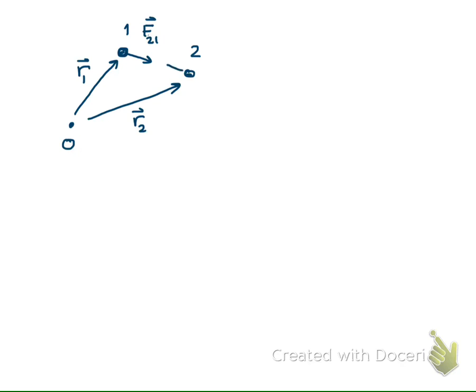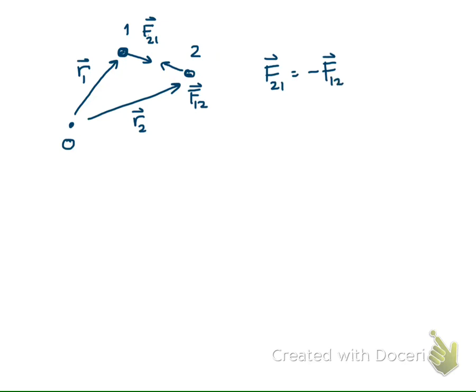And we also have F12, the force from particle number 1 on particle number 2. From Newton's third law, this is the mutual force between particles 1 and 2. It means that we have F21 equal to minus F12.